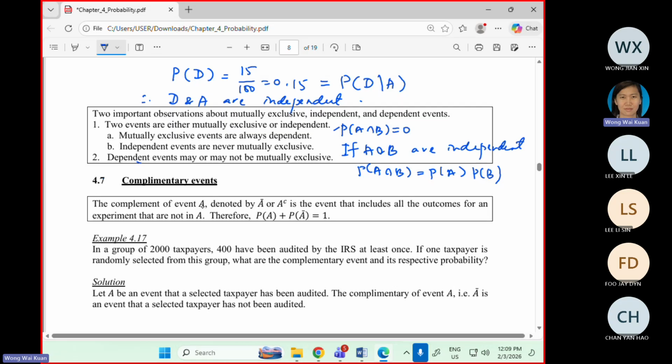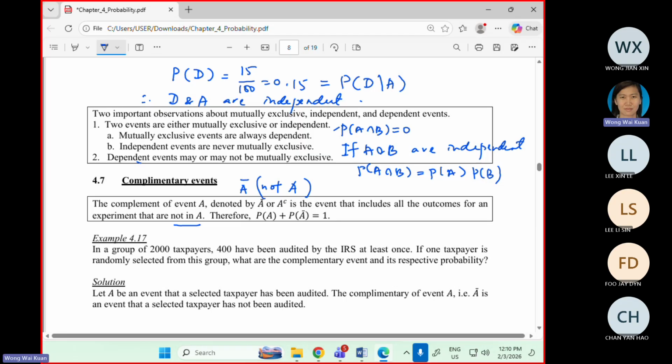The complement of event A, denoted by A bar, I think in the notes I put A bar, or A C, is the event that includes all the outcomes of an experiment that are not in A. So normally we call this event not A, not in A. So probability of A plus probability of not A is always 1.